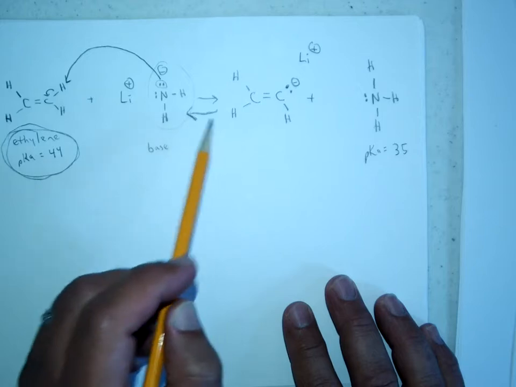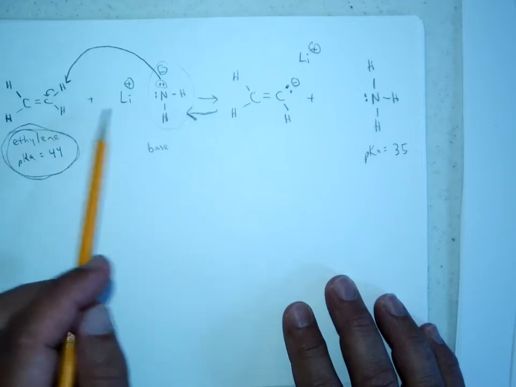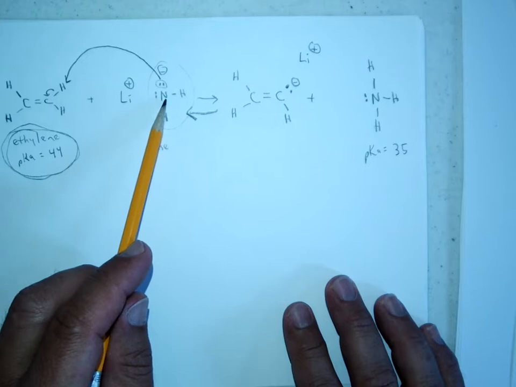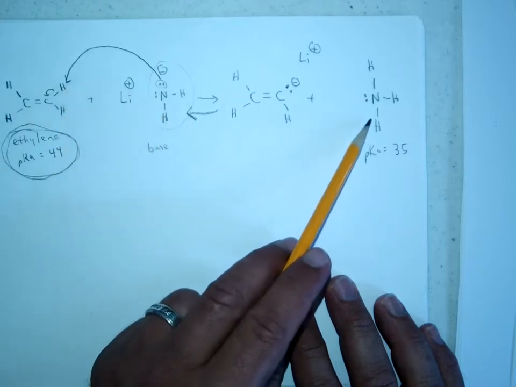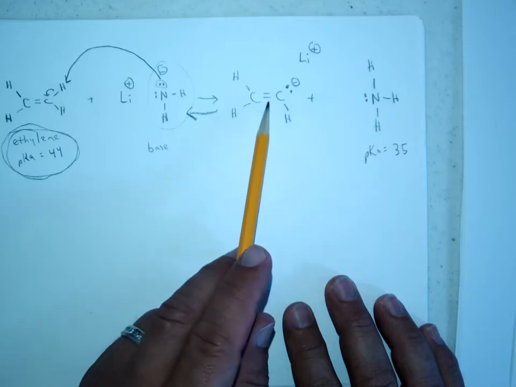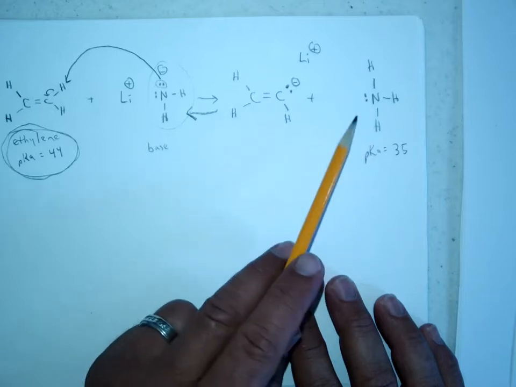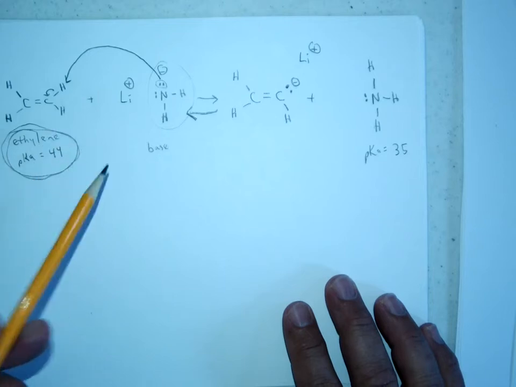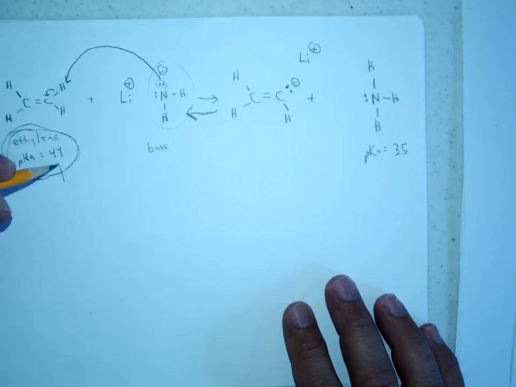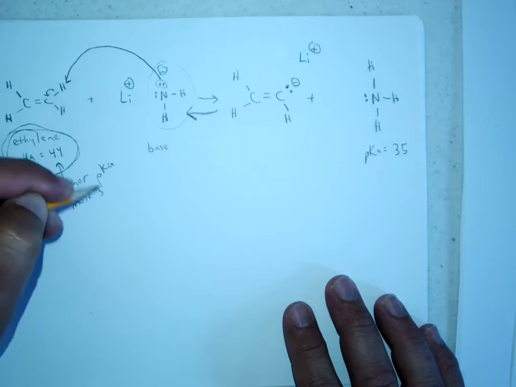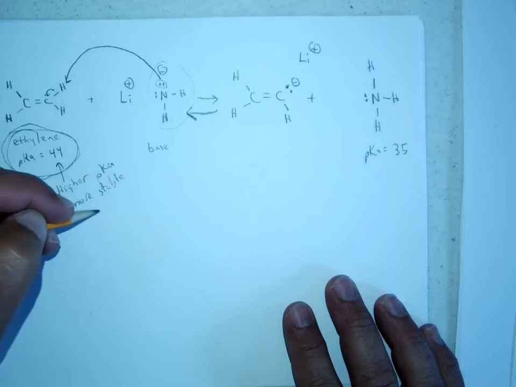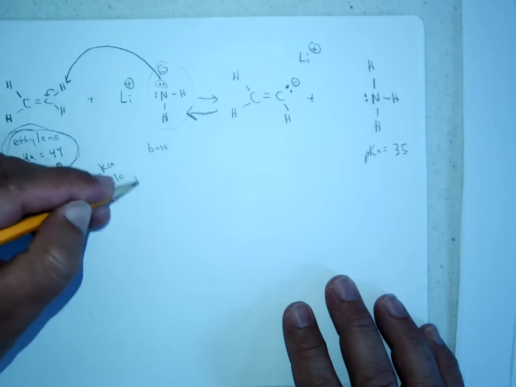So if you did, and this happens all the time, if one of these guys did happen to have enough energy and hit the right way to grab that proton and form ammonia, the ammonia would be rapidly deprotonated by the product. So it would return back to the starting materials, which are more stable. So since this is the higher pKa of the acids that are involved, it's going to be more stable, and thus you're going to be reactant favored.